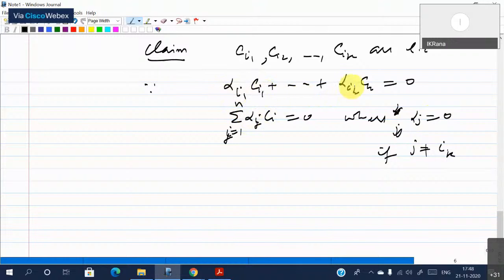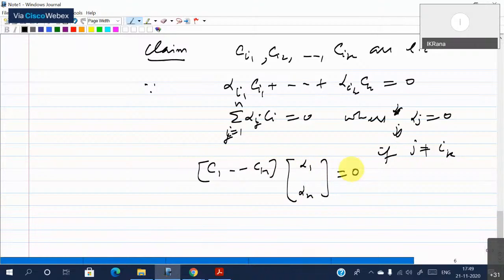I'm saying add 0 times C1 plus 0 times the missing ones, and this is equal to 0. That means if I look at the columns C1, C2, Cn and apply it to alpha 1 to alpha n, that is equal to 0.